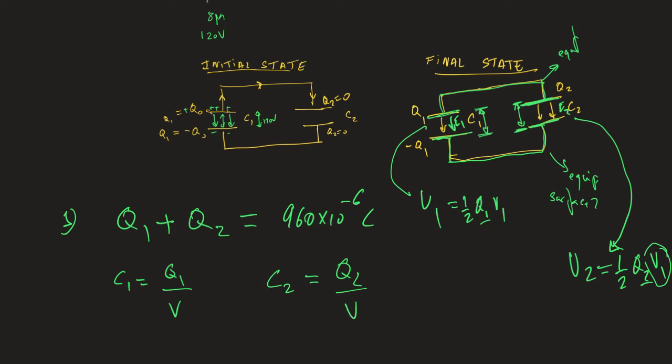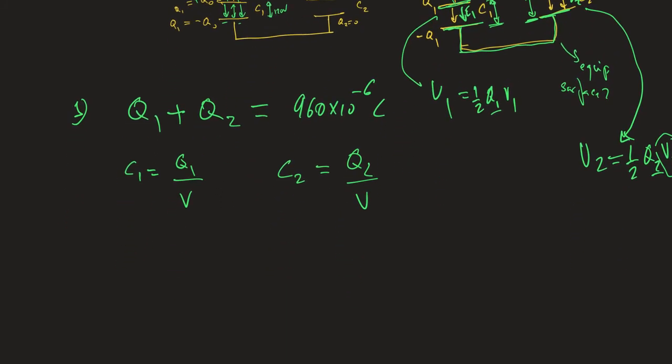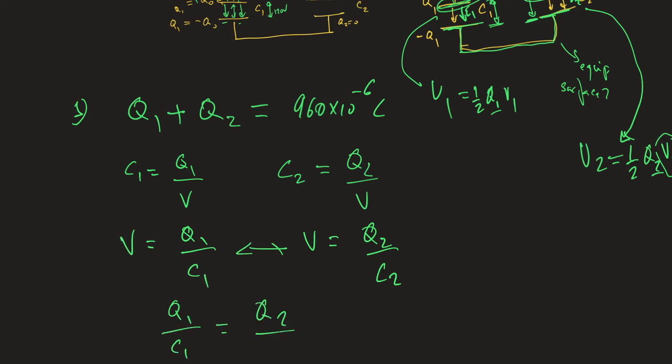But the potential is the same one, V. So the potential will be Q1 divided by C1, and the potential here is Q2 divided by C2. They have to be the same difference in potential because it corresponds to the same equipotential surface.